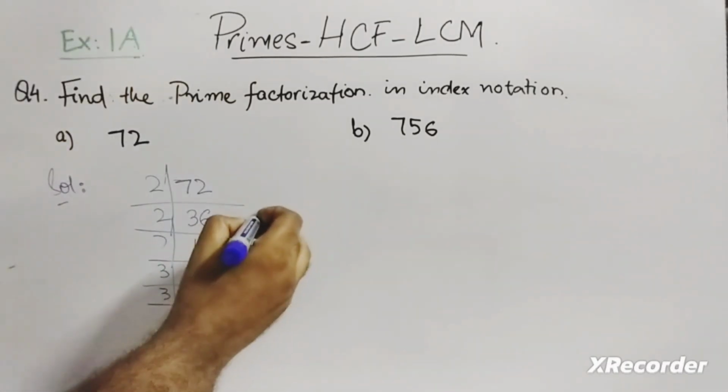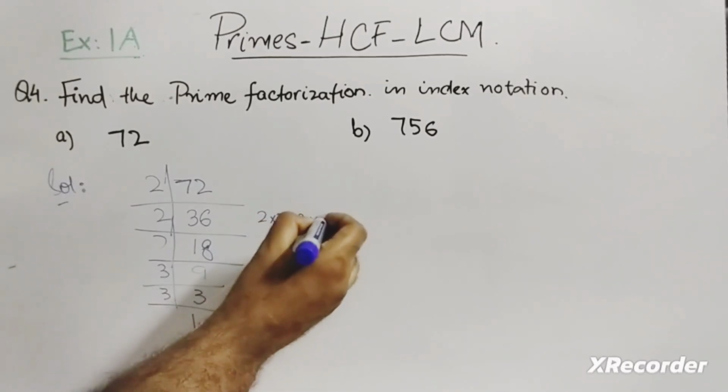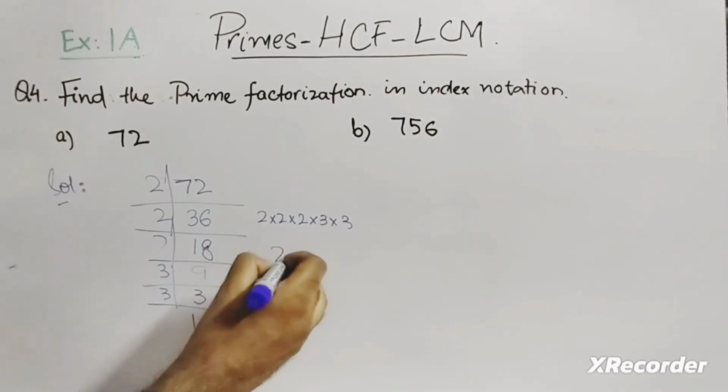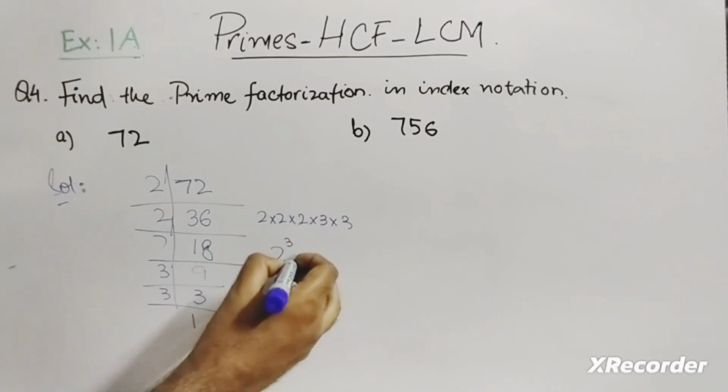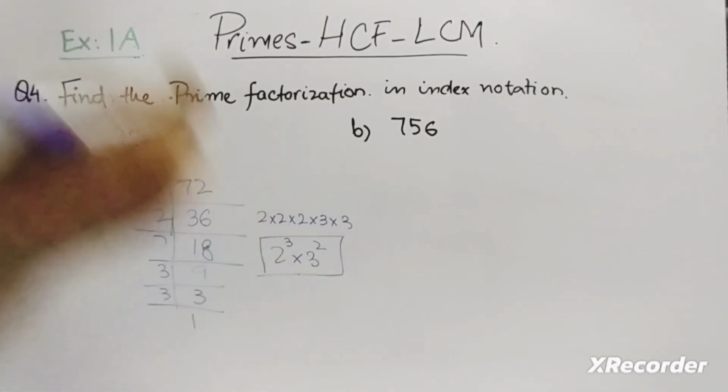So we get 2 multiplied with 2 multiplied with 2 multiplied with 3 multiplied with 3. In index notation we can write 2 cube multiplied with 3 square. So this is our answer.